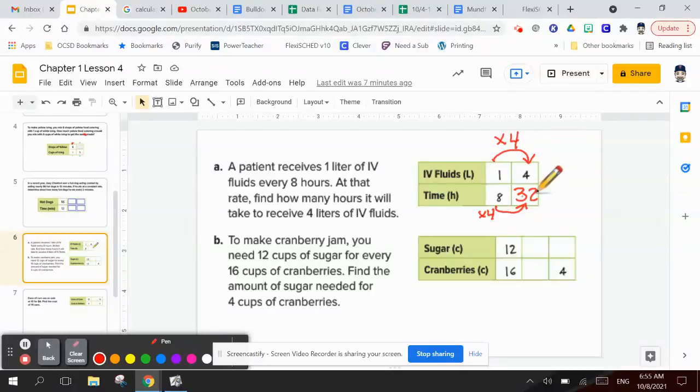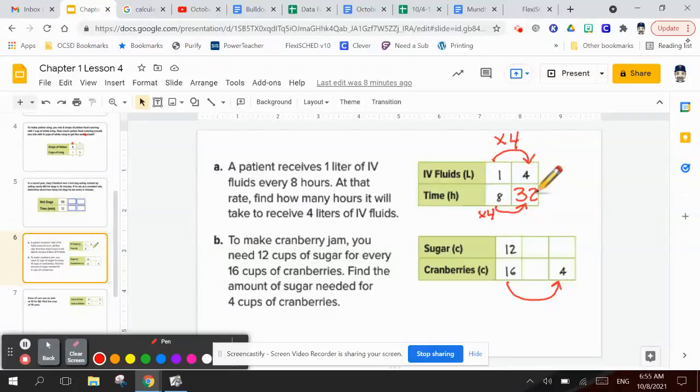Let's look at letter B. To make cranberry jam, you need 12 cups of sugar for every 16 cups of cranberries. Find the amount of sugar needed for 4 cups of cranberries. Excuse me. So again, same thing. We're not going down to 1, but I do notice that my numbers are getting smaller.